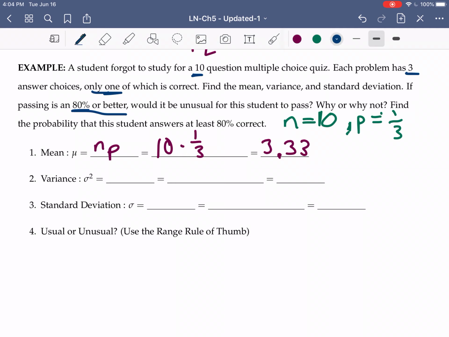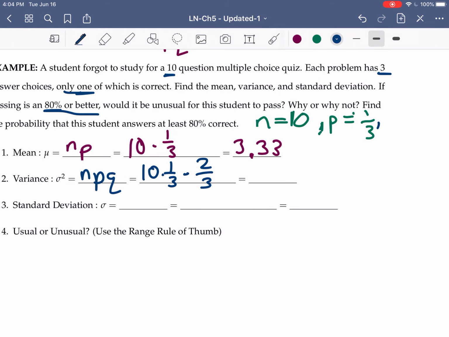The variance here is going to be npq, which would be 10 times 1/3 times 2/3. The 2/3 comes from the probability of getting a question wrong. That's 1 minus p, so it's 1 minus 1/3, or 2/3. When we multiply that all out, we get 20/9, or 2.22 repeating.